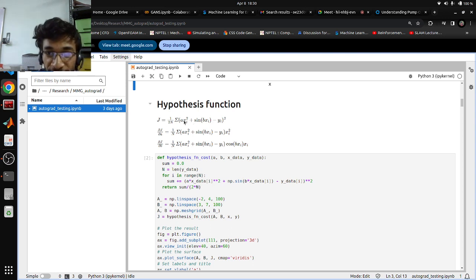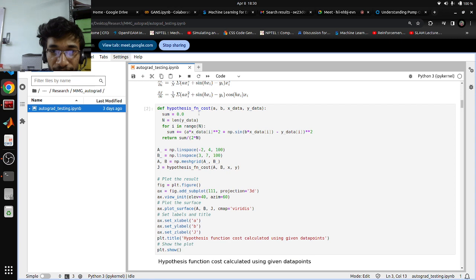For each of the data points I'm just computing a mean squared loss, and that's all. But A and B are parameters that I don't know in my training process. Ideally there is a derivative of this entire cost function with respect to A and with respect to B, and I want to keep on descending in the direction in which del J by del A keeps on reducing, right?